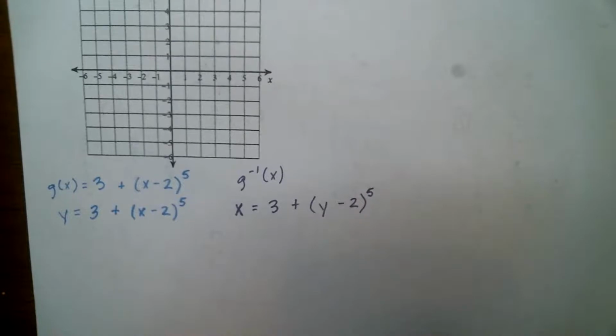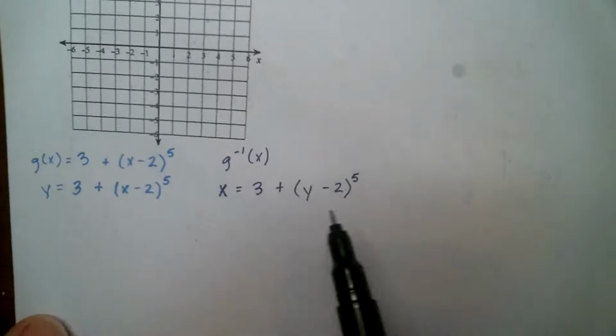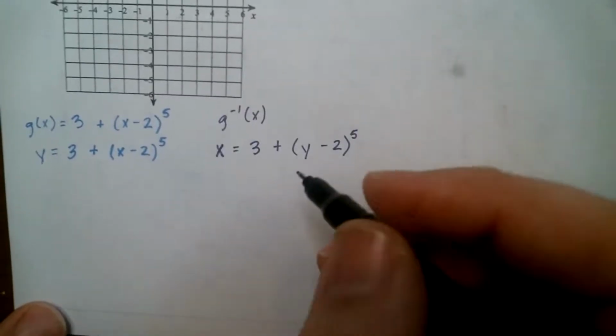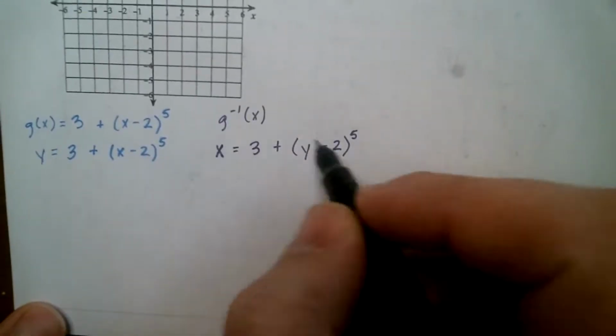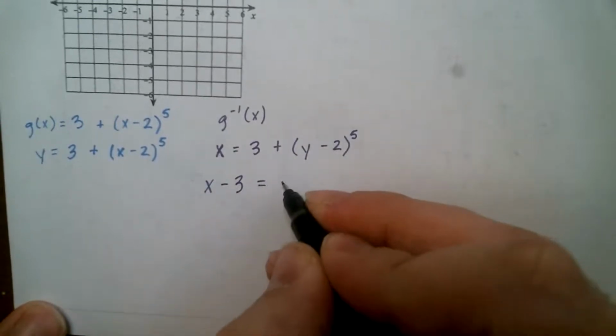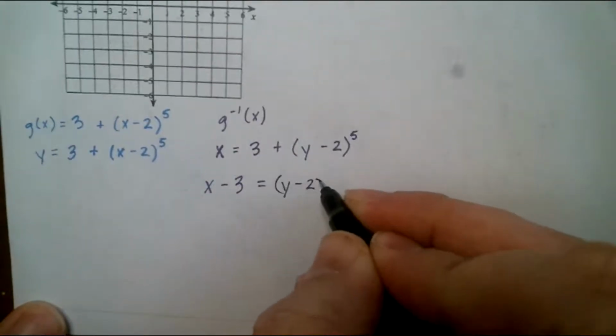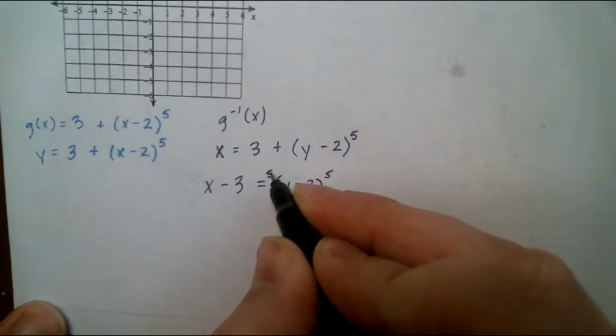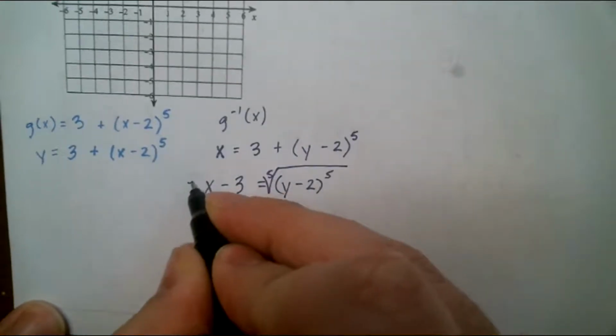But I don't know. Okay, so last problem, and you guys are getting me off topic. So I switch the x and y. I now say x minus 3 is equal to y minus 2 to the 5th power. So do the 5th root of that.